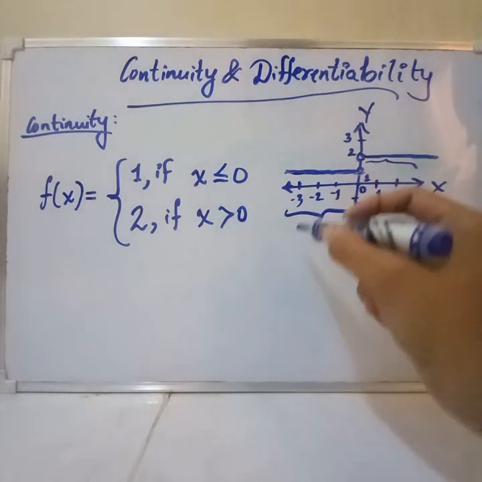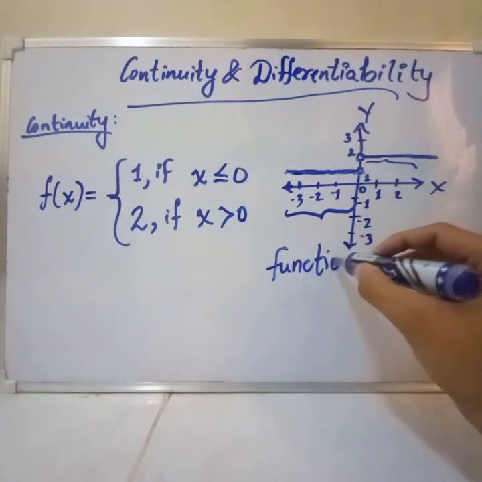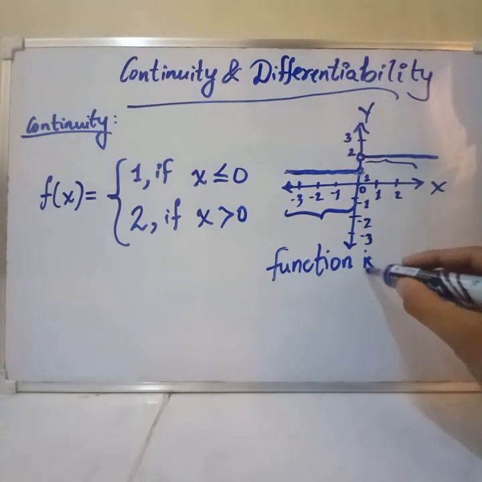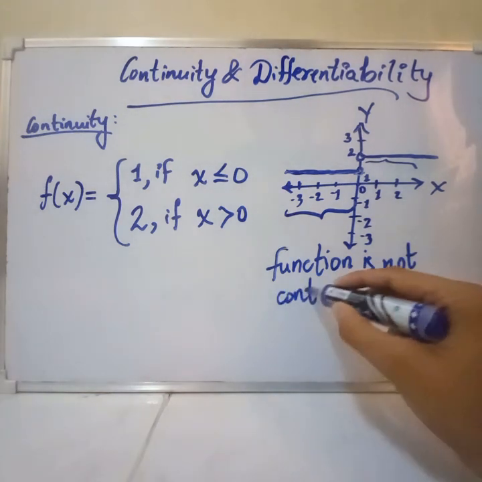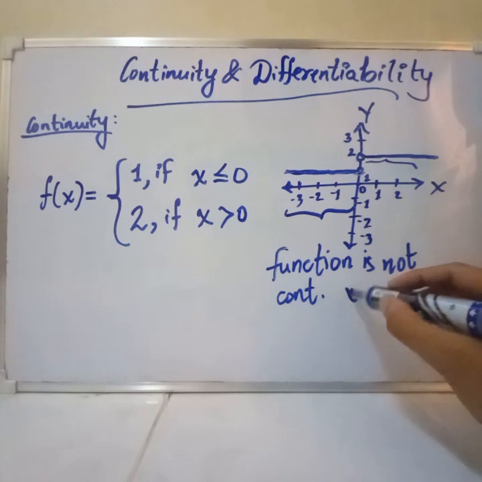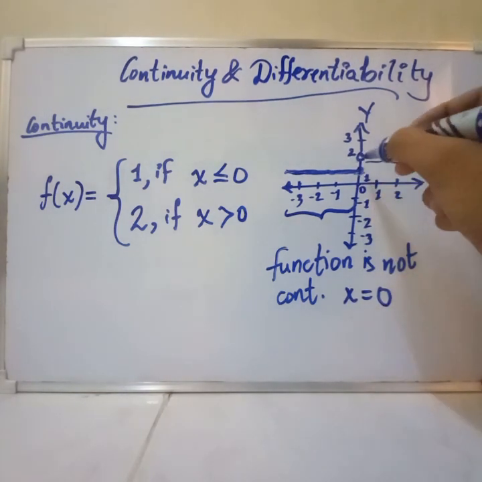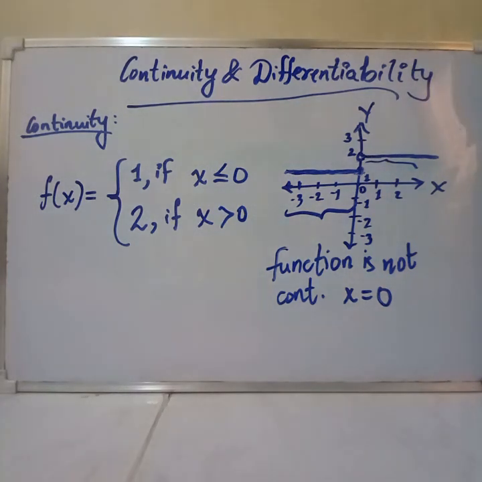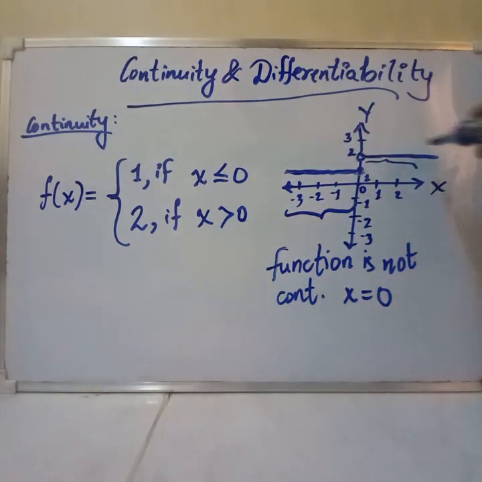So this function is not continuous at the point x is equal to 0, because at the point 0 we are lifting our arms and then drawing it, right? So only at this point the function is not continuous. Rest other points it is continuous. We need not lift our arms at any other points.